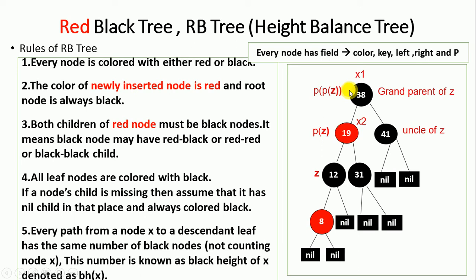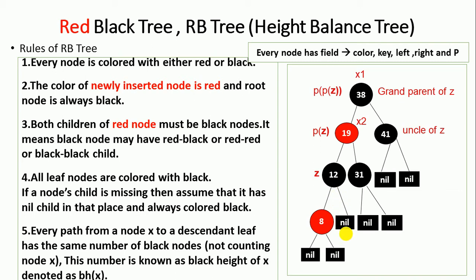38 is a black node, so the children of a black node may be red or black. 41 has two children here. If any node is missing any of its children, we will assume that there is a nil child there, and the color of a nil child is black.